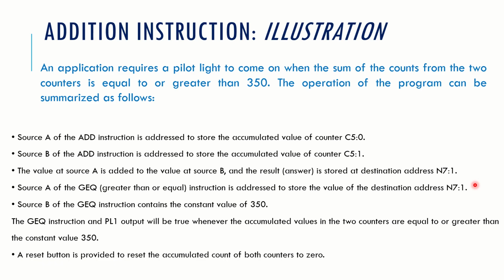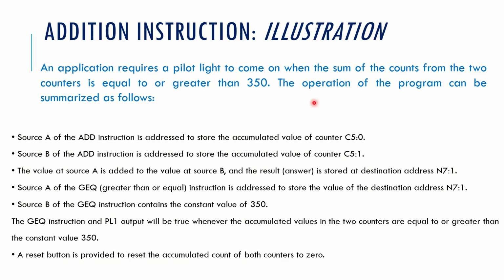Source A and source B are the two inputs to the comparison block, because whenever you compare, you need at least two data. Now you may wonder why we are not taking a separate address, because we are directly taking this destination address N7:1. Why are we not putting one of the data in N7:0, the next data in N7:1, and finally the result stored in N7:2, as we had earlier assumed?